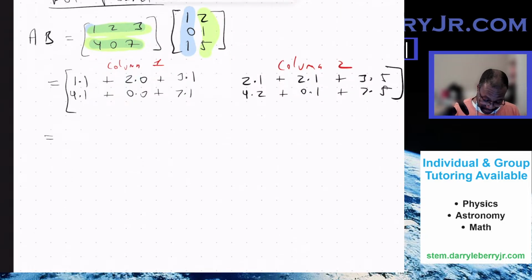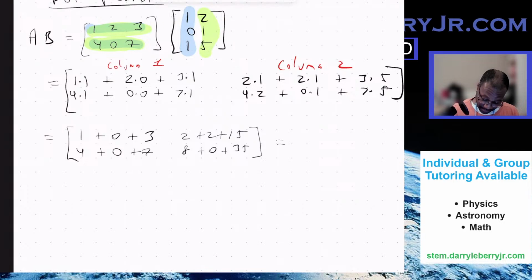So that will give us 1 plus 0 plus 3, 4 plus 0 plus 7, 2 plus 2 plus 15, 8 plus 0 plus 35. So that will equal 4, 11, 19, 43. And 4, 11, 19, 43 is a 2 by 2, so that is correct.